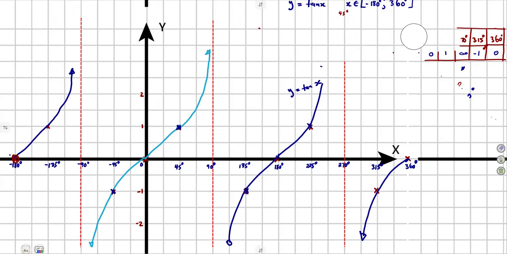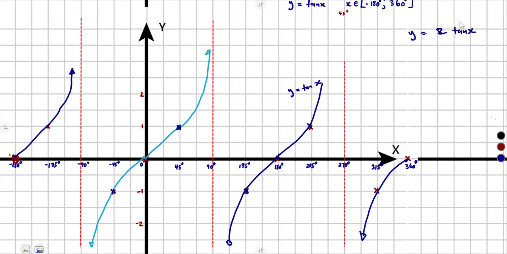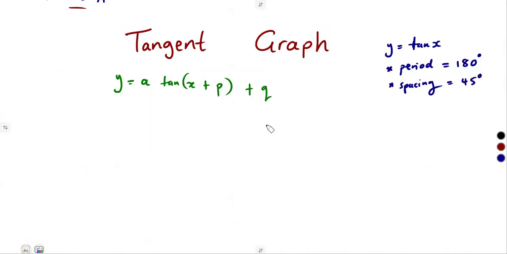We can have the effect where we have y is equal to maybe 3 tan of x, the effect of a, 2 tan of x, 3 tan of x, where a, the number, is affecting the whole graph of tan.